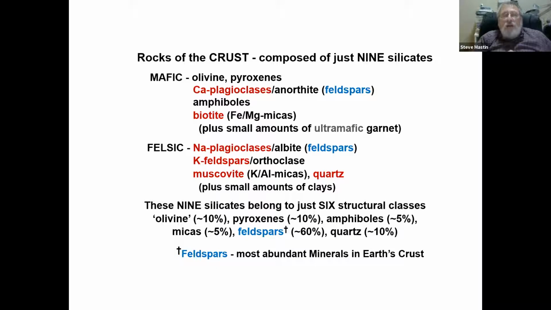By far, more than all the others combined. And that's a little bit unfortunate because there really aren't very many good gems that come out of feldspar. And all that says is, even though you've got all of these silicates, they're pretty rare, at least the ones that can produce gemstones.